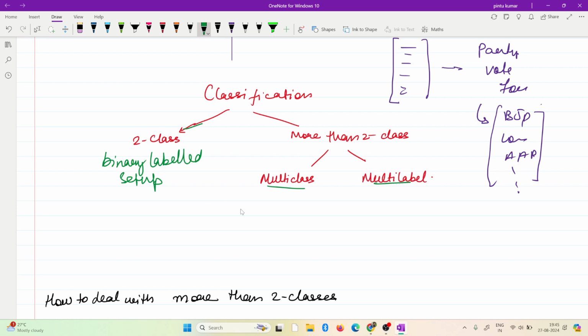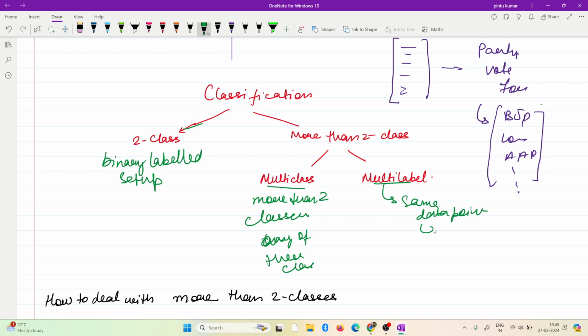In multi-class, you have more than two classes, and your value can be any one of these classes. In multi-label, you again have more than two classes, but the same data point can have more than one label.